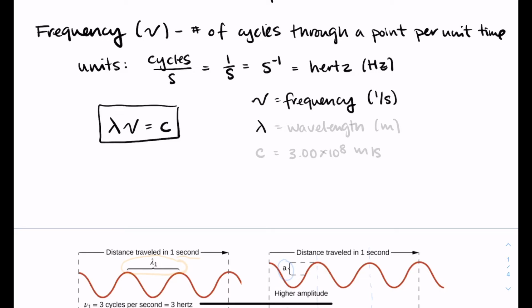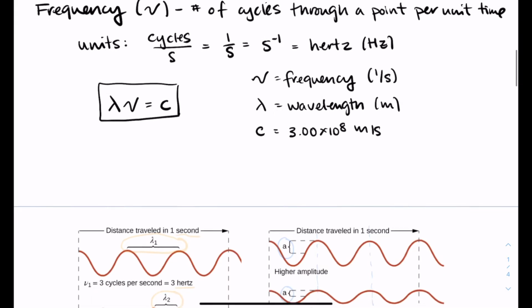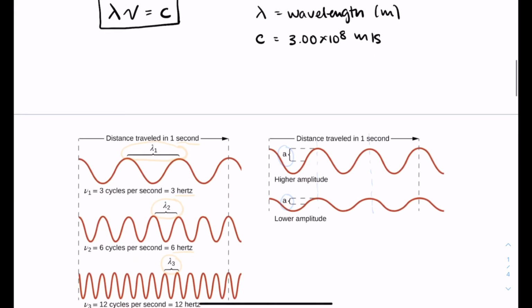So I have an image here of a bunch of different types of waves. On the left-hand side, I have waves of different wavelengths. The distance traveled in 1 second is the constant piece here, and my top wave has the wavelength labeled from crest to crest, so that's wavelength 1.